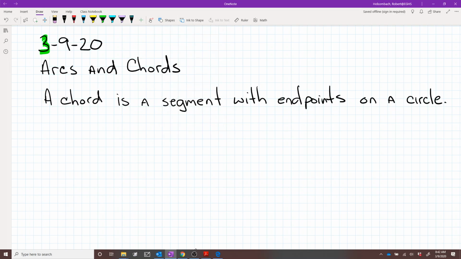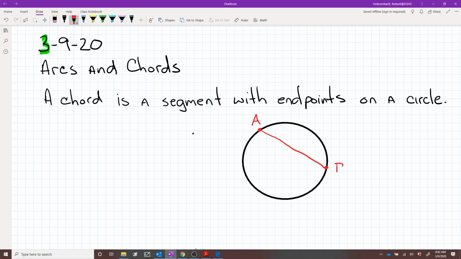So here's a circle. And here's a segment with endpoints on the circle. Alright, so this segment AB is a chord.